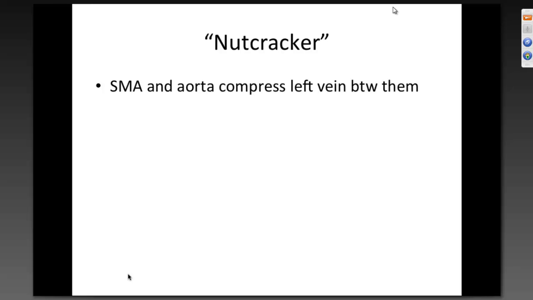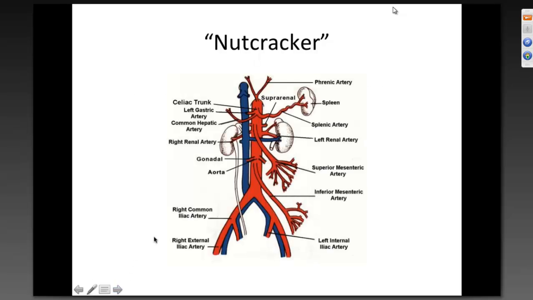So when that left renal vein travels to the left, it travels in between the abdominal aorta and the superior mesenteric artery. And when it gets caught in between there, it's called the Nutcracker syndrome or effect.